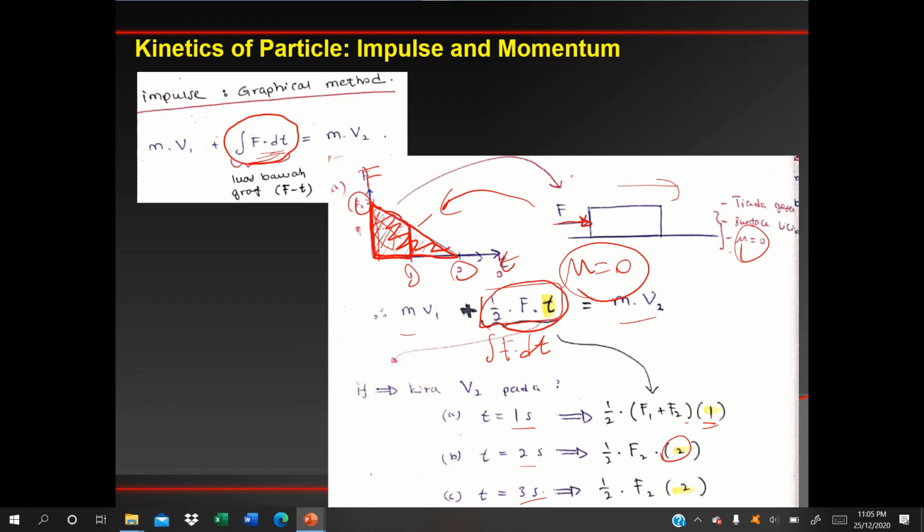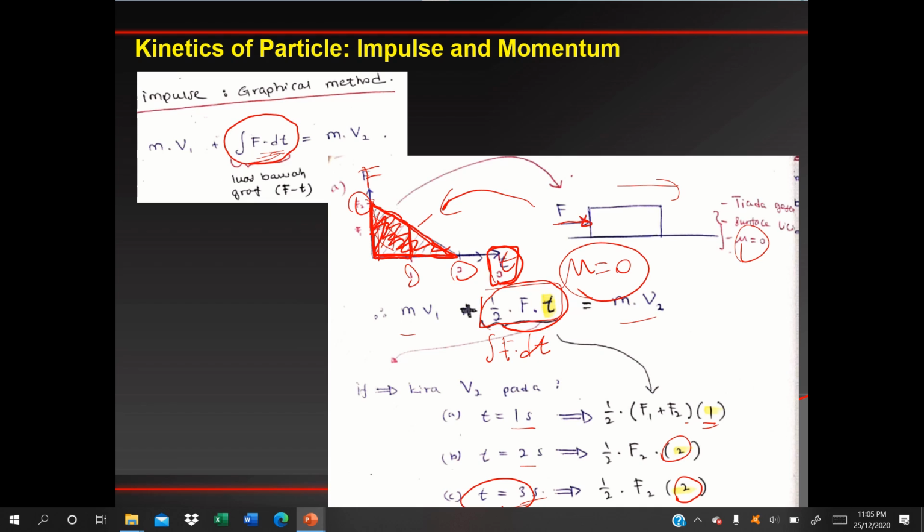But if the question wants you to find something at t equal to 3 seconds, you will still use half F2 times 2, because even though the time is 3 seconds, the force given is only up to 2 seconds.